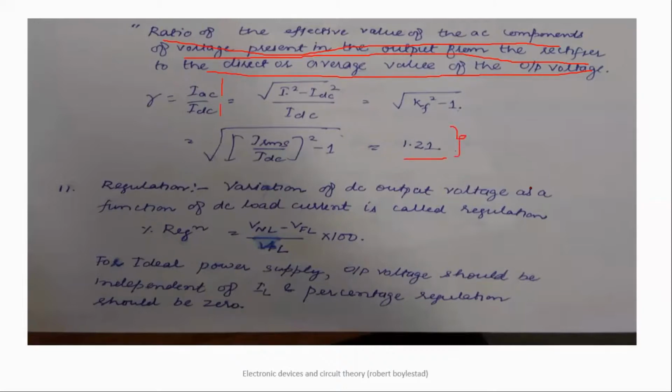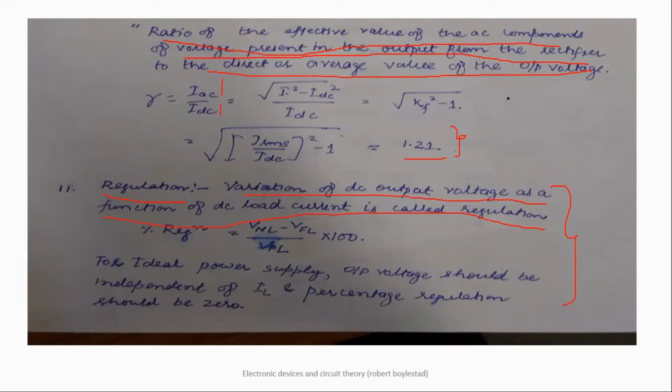There is one more important factor as far as rectifiers are concerned, that is called regulation. What is the importance of regulation? Normally we assume that there is no change in the conditions, but sometimes, due to some change, you put a bigger load at the output, and that will change the functioning of your device. That is called regulation. The definition of regulation is the variation of DC output voltage as a function of DC load current. It can be defined as voltage no load minus voltage full load, over voltage full load, into 100.